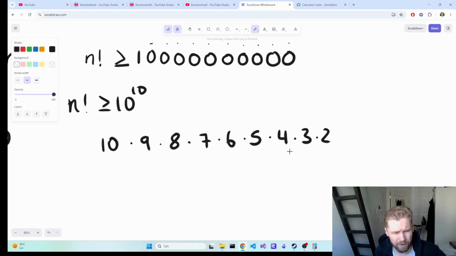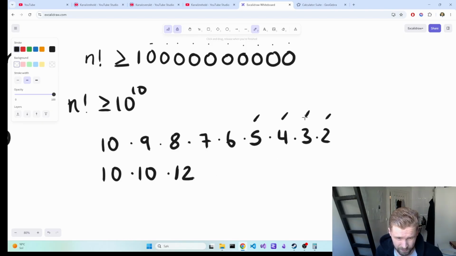Now, if I put 5 and 2 together here, that's 2 tens right there, right? This and this. 3 times 4, that's 12. We got 6 times 8, 48.